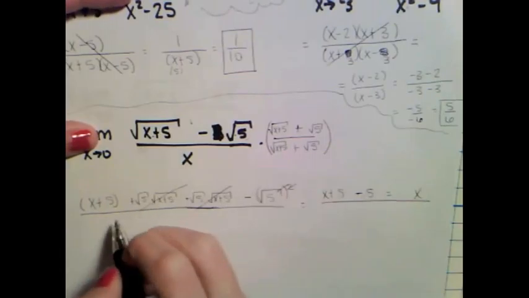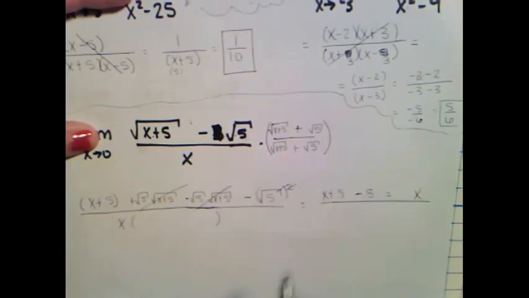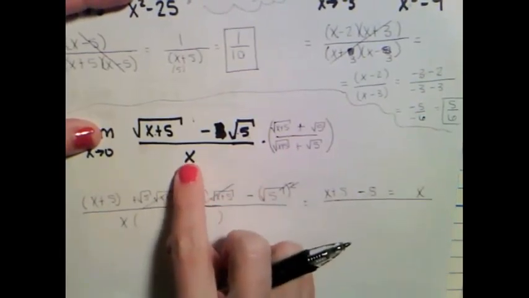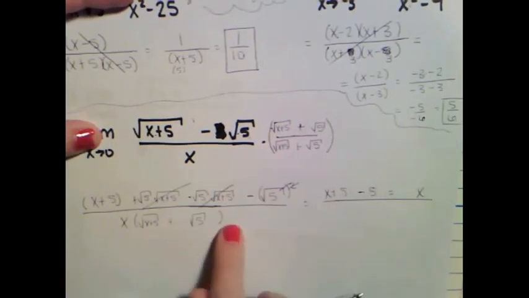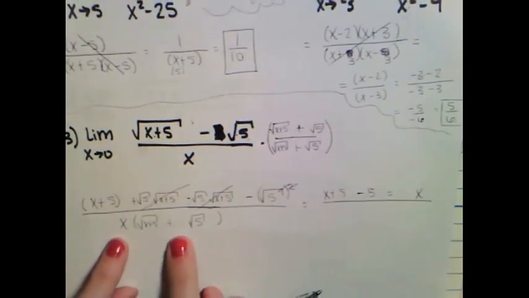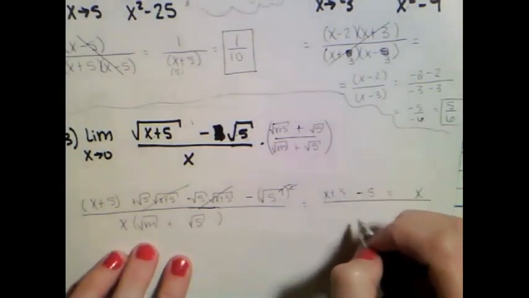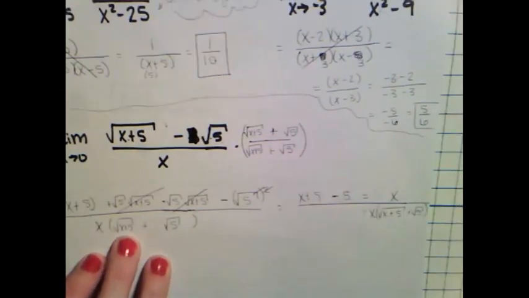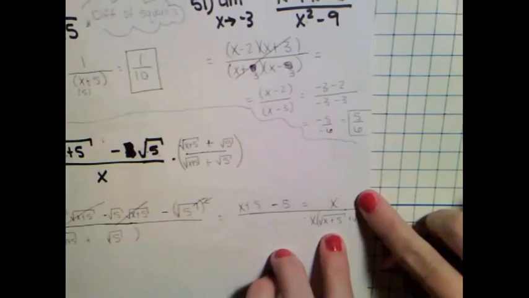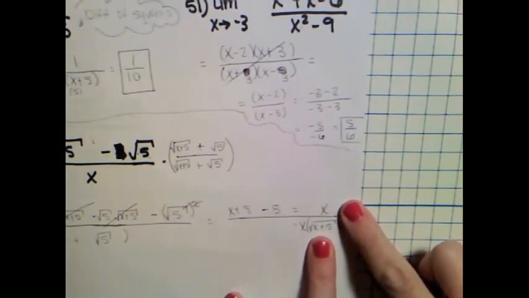So let's fill in our denominator and see what we had all along here. In our denominator, we're multiplying, and I'm going to leave that as factors and just bring it over here. So now you can kind of see this come together and see how we're going to simplify.